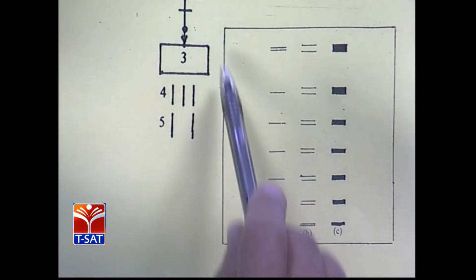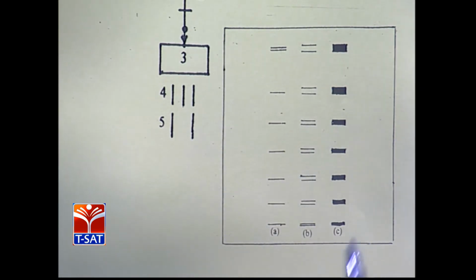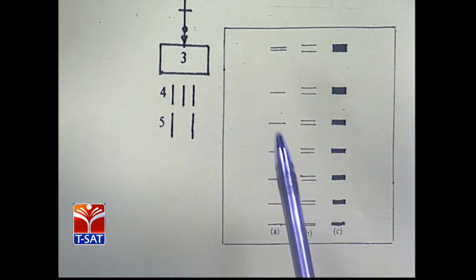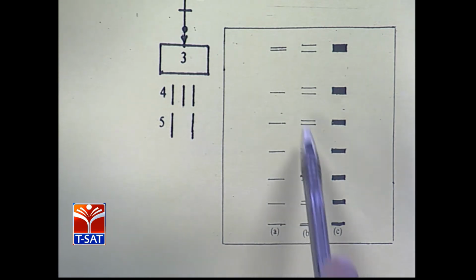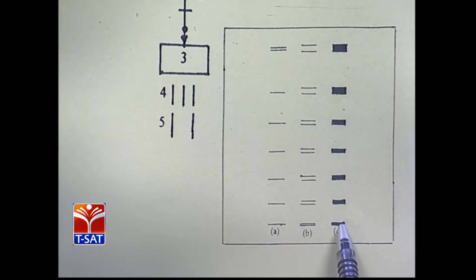Now, the spectrum we will be observing is, this part is without the magnetic field, the original lines as they are, this part is with the magnetic field, and the line is split up into these, and this part is with the magnetic field as well as the polarizer.